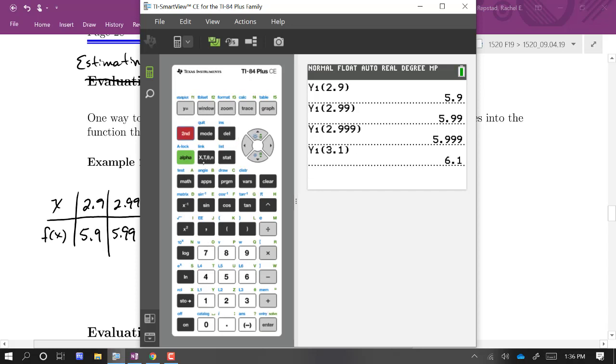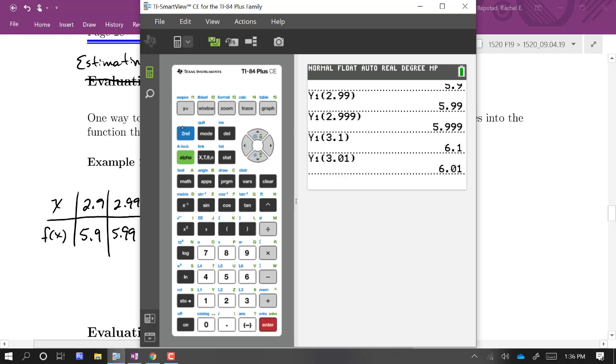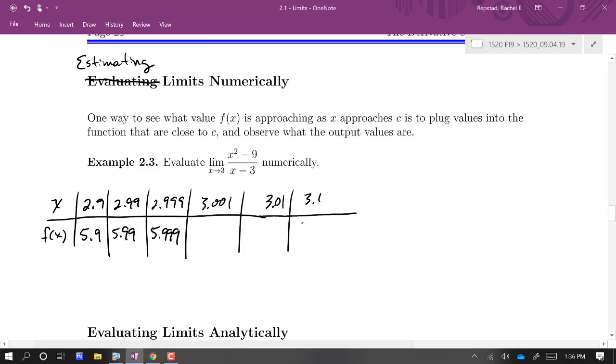So I get 6.1, 3.01, which gives me 6.01, and 3.001. I get 6.001.